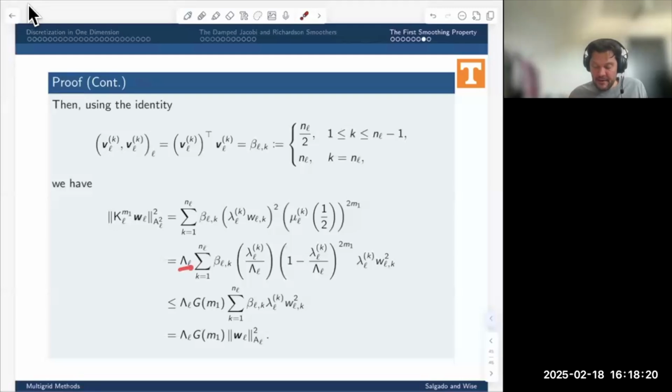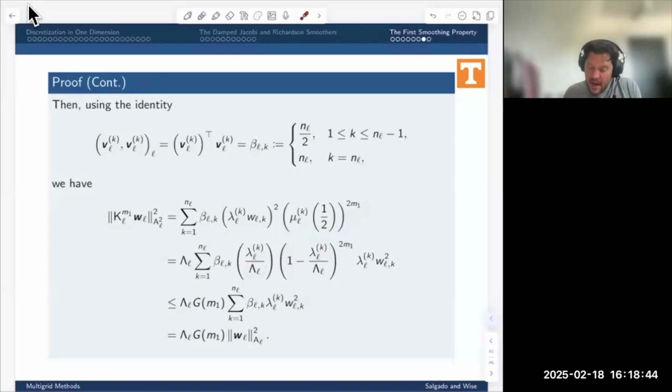If I pull out a factor here, I'm going to basically just create one by dividing it here. Now, this is precisely the definition of mu Lk, the eigenvalues for the error transfer matrix for Richardson's method.